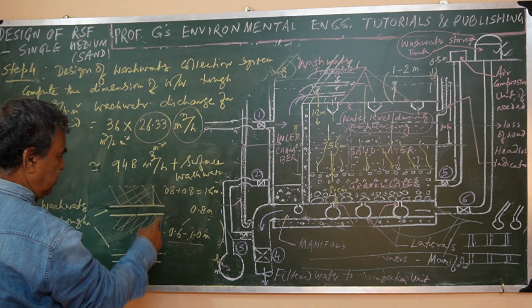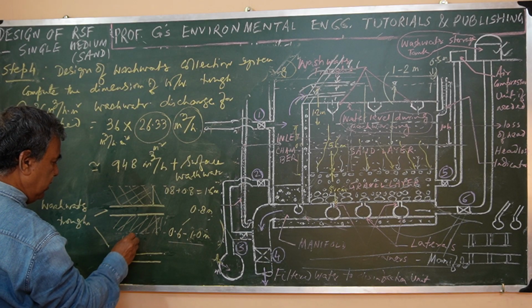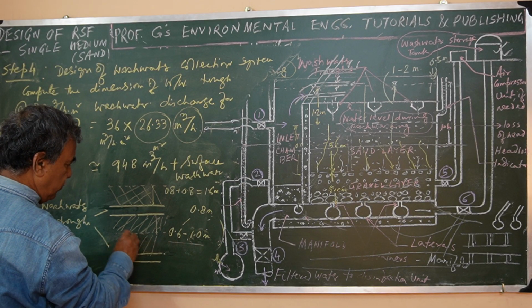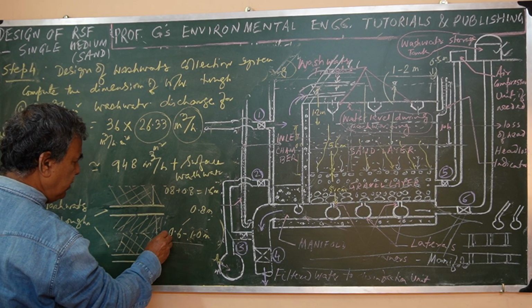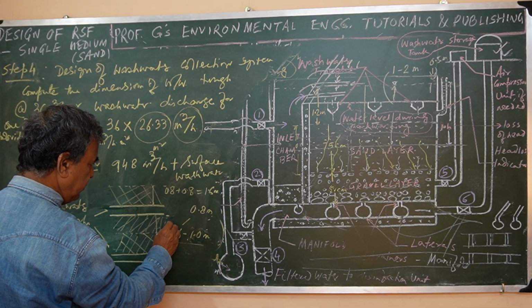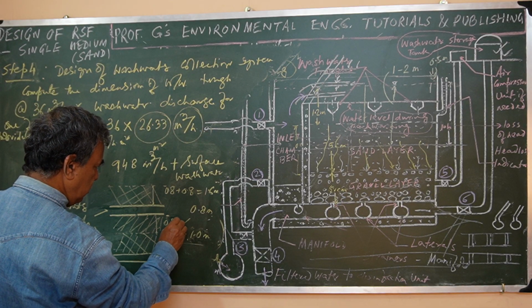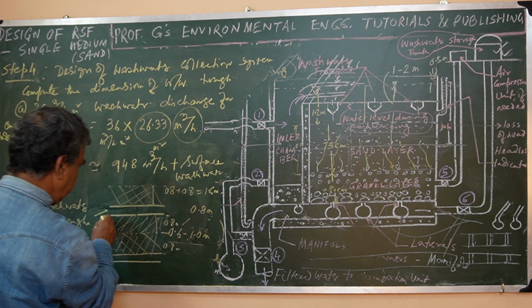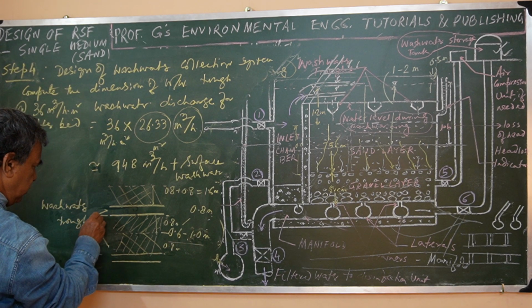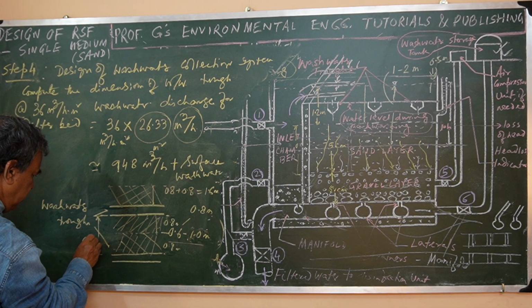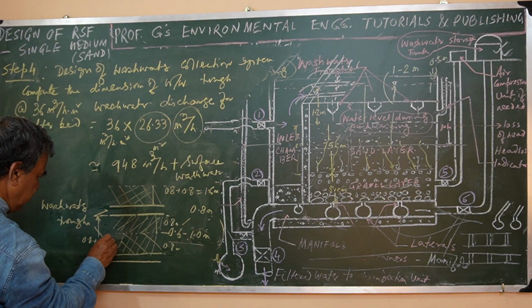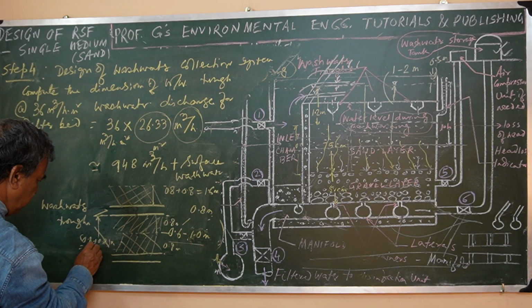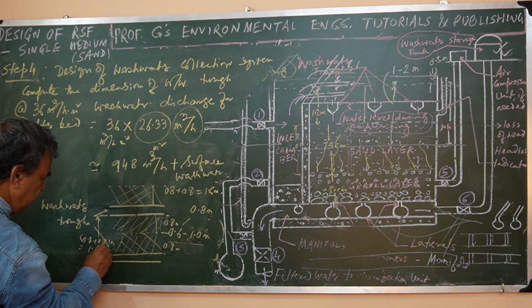So that will be the spacing. Here this is 0.8 meter, and this is also 0.8 meter. So out to out, 0.8 plus 0.8 meter, that is 1.6 meter.